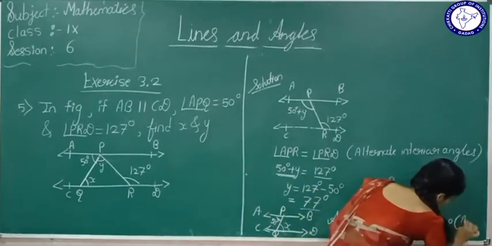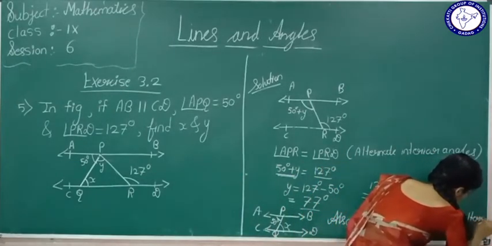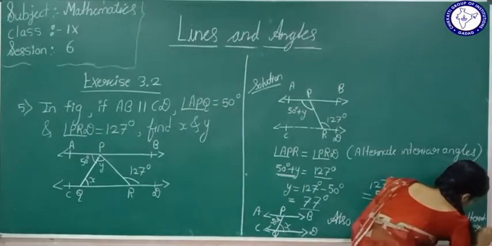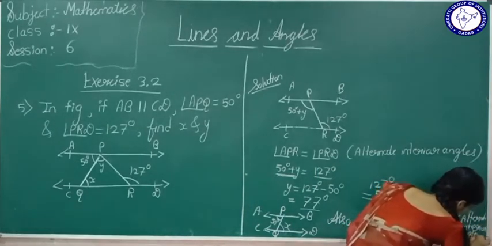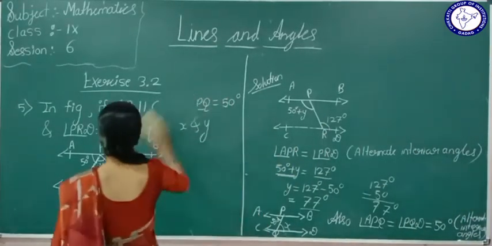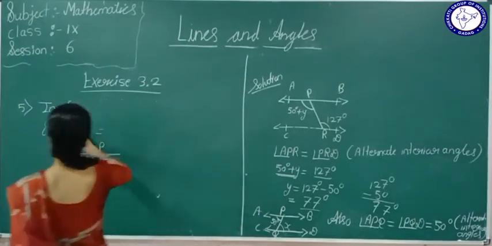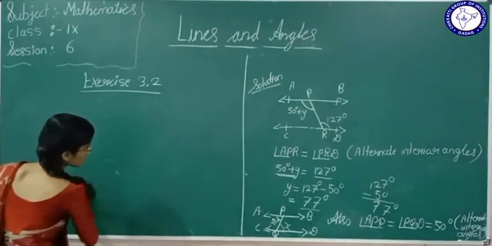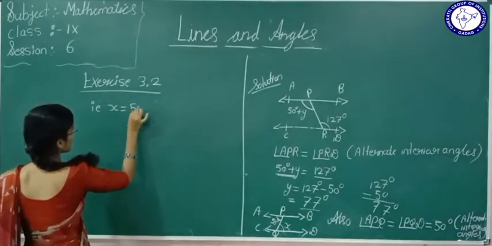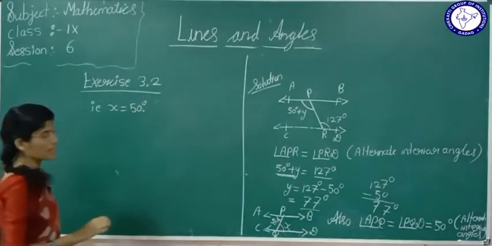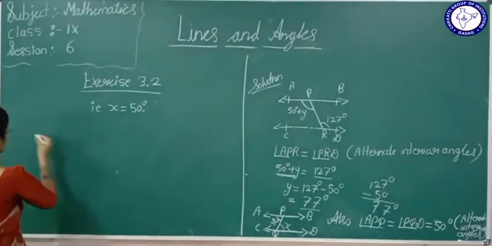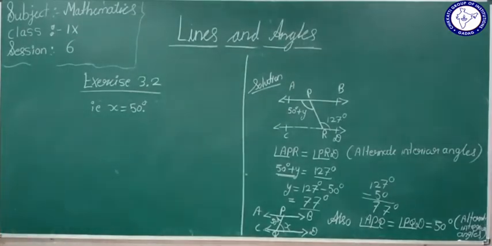Again, alternate interior angles. That is, x is equal to 50 degrees. Okay, we will see the sixth problem.